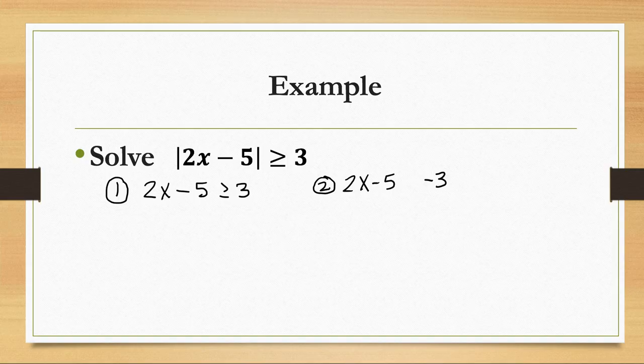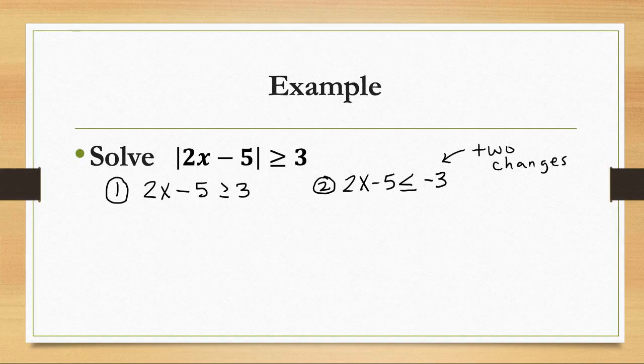Remember that our rule says that if at any point we bring a negative into the problem, we want to change the direction of the inequality. So on this second inequality, I'm going to make it less than or equal to. So you want to keep in mind that over here on the second problem, you are making two changes. You're putting a negative on the right-hand side, and you're also switching the inequality.